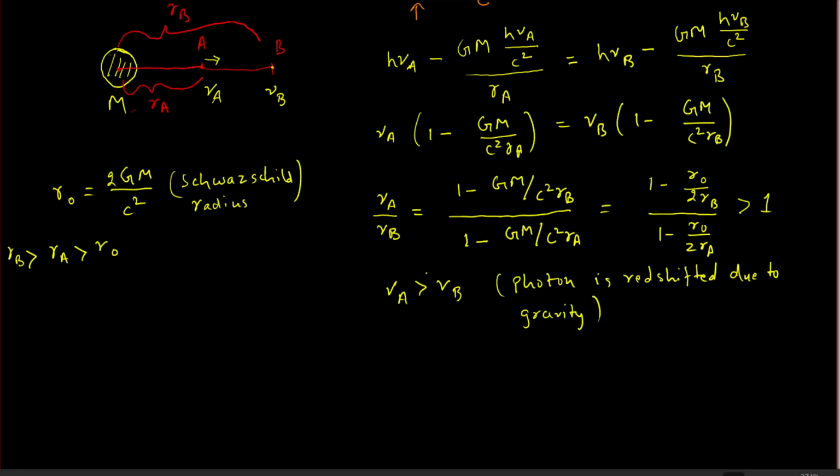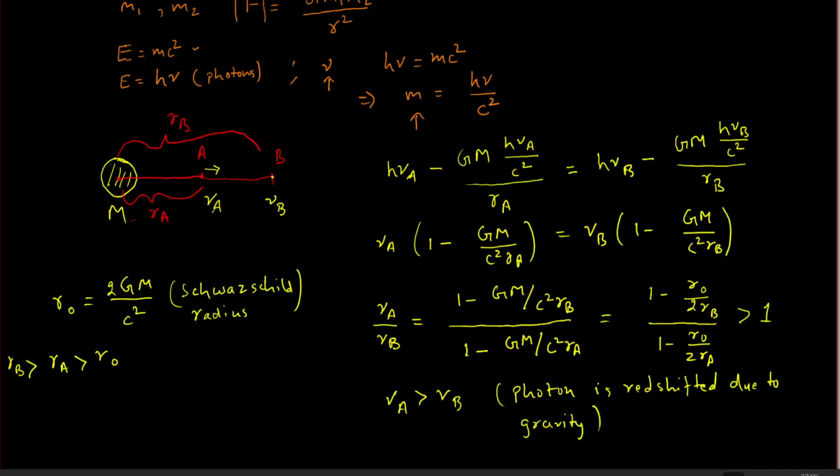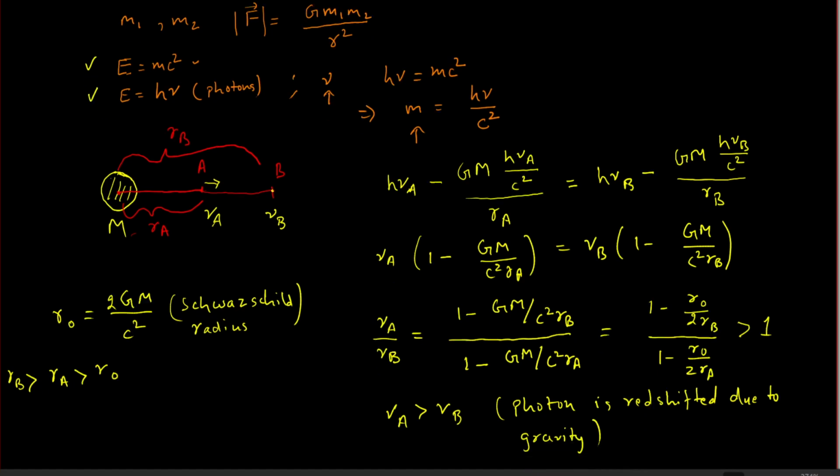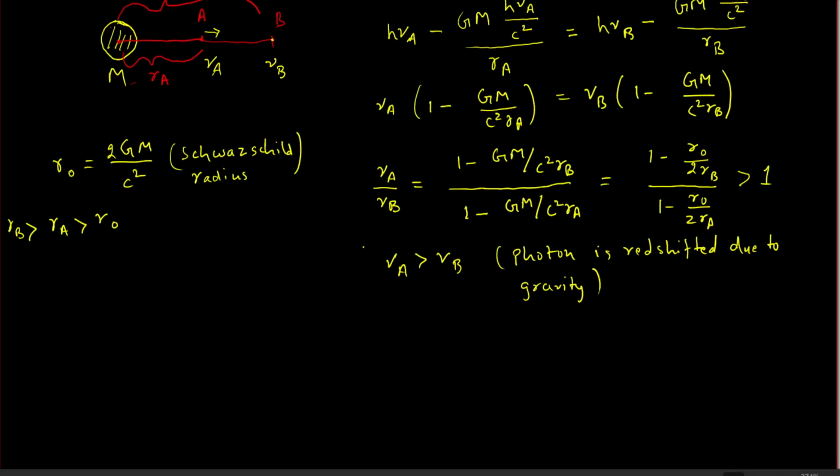This prediction of redshifting we have derived from Newtonian gravity, but we have also taken into account two formulas. One is mass energy equivalence, which comes from relativity, and another which comes from quantum mechanics, which is E equals h nu. And this conclusion is actually correct, that the photon will get redshifted due to gravity.